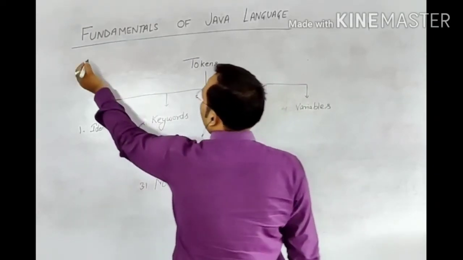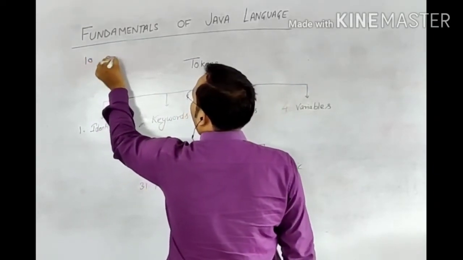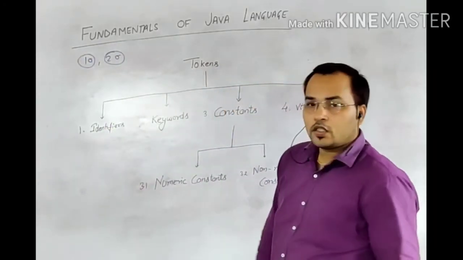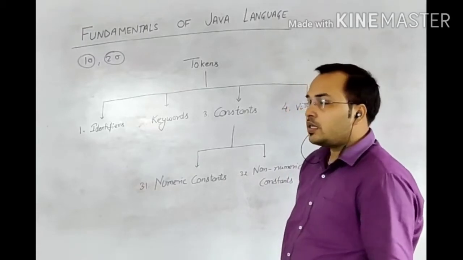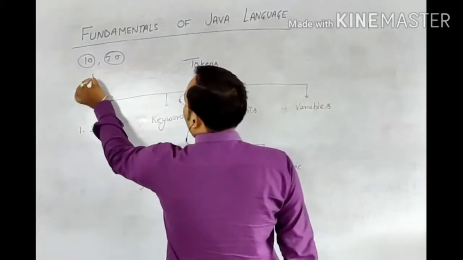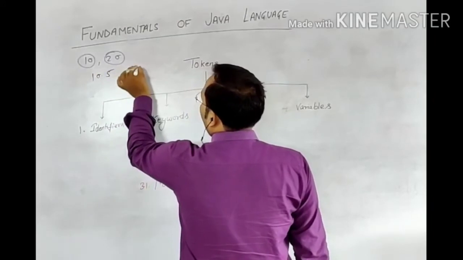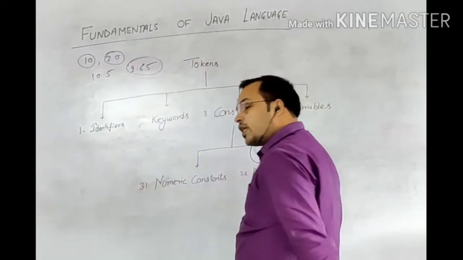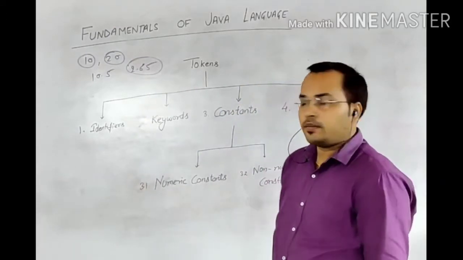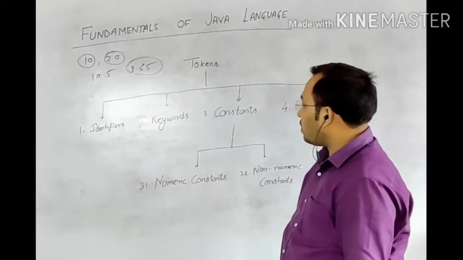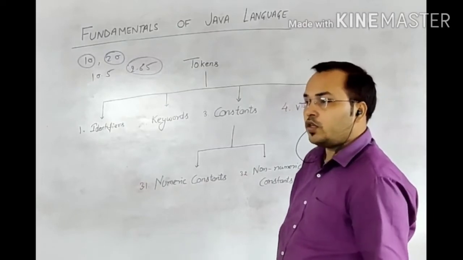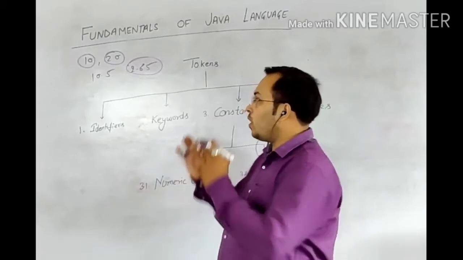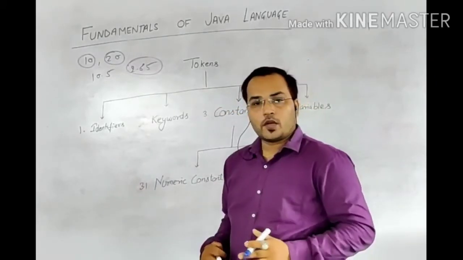Suppose you have written 10, 20, that means these values are fixed. 10 cannot be called 12, 20 cannot be called 21, 10.5, 20.265. These are constant values which cannot be changed throughout the program. So constants are those values which have a fixed value, and that cannot be changed throughout the whole execution of the program.